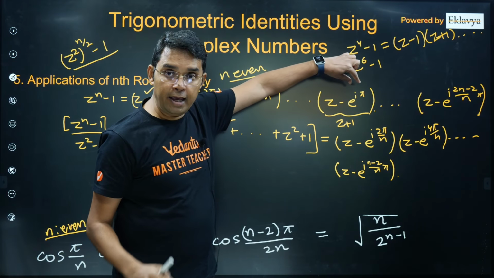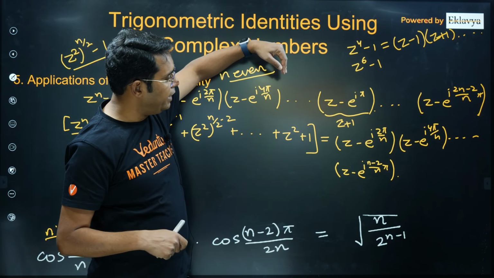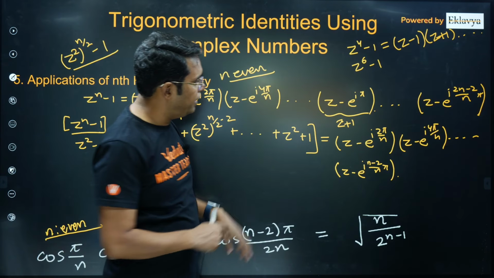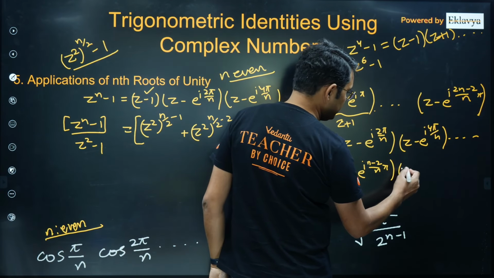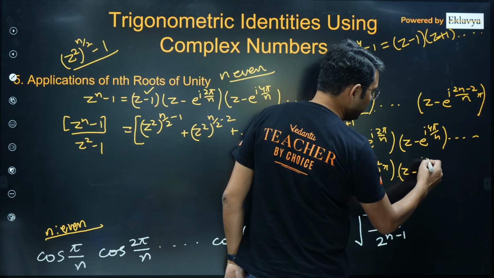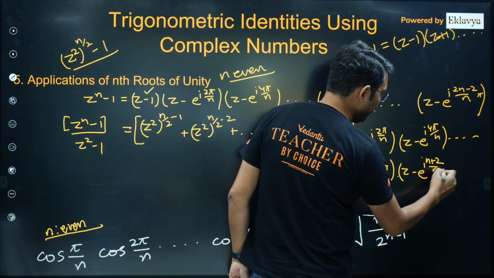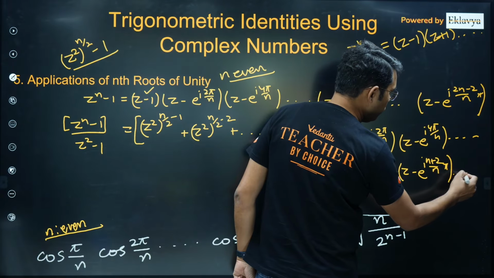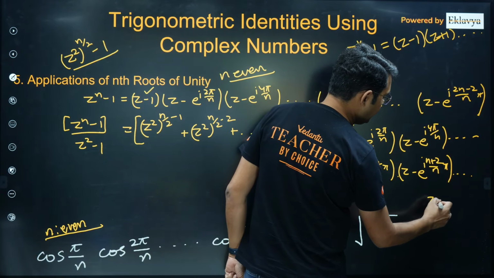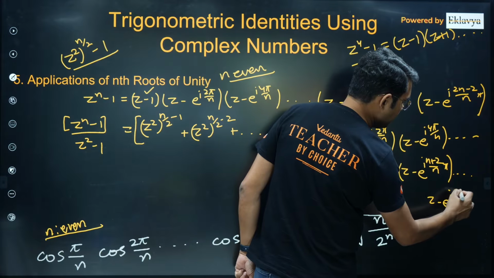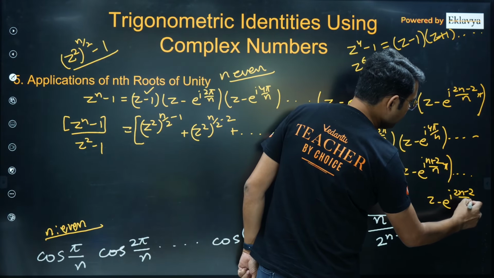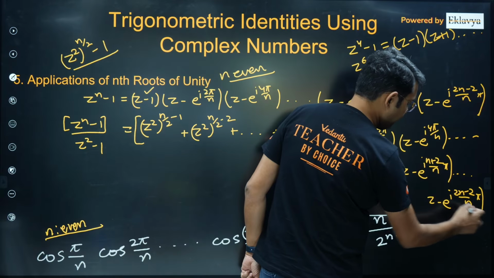This is n upon n, the term before it would have been n minus 2 upon n, and just after that would be z minus e power iota n plus 2 upon n into pi, and so on. And then this last term, that is z minus e power iota 2n minus 2 upon n into pi.